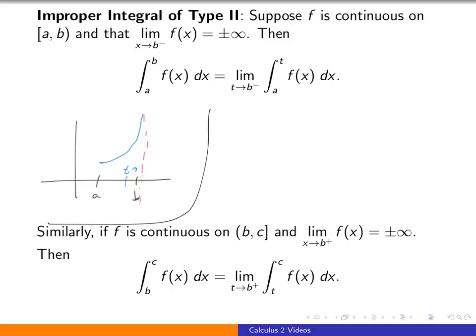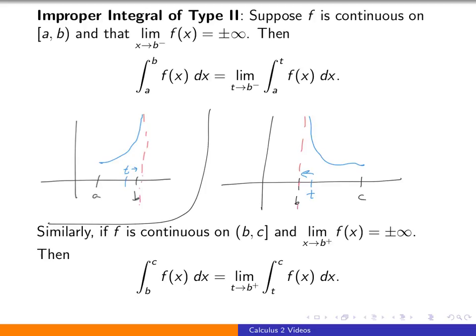Now note, we similarly could have had that infinite discontinuity at the left-hand endpoint instead of the right-hand endpoint. So if we draw a corresponding picture, say we're integrating from b to c, and our function has an infinite discontinuity at b. Graphically, it could look something like this. Now we cannot integrate all at once from b to c, but what we could do is specify a value of t just a little bit to the right of b, and then take the limit where we have the value of t approach b from the right-hand side.